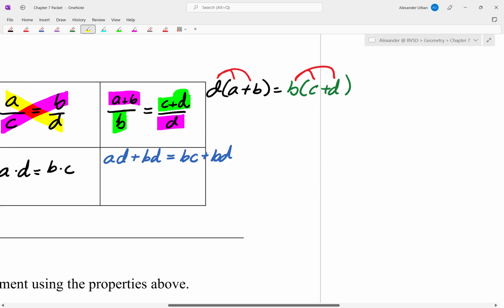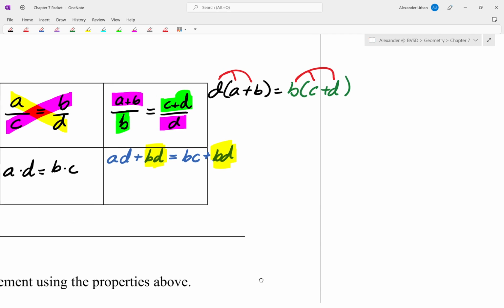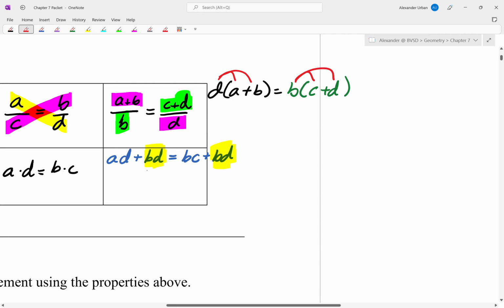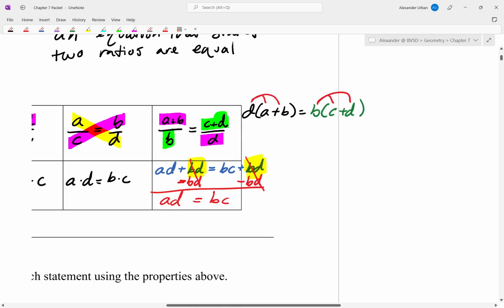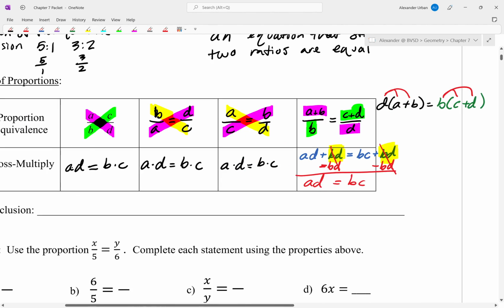And if you notice something here, which I hope you guys do, both of these sides have a BD. And again, algebraically, these are just numbers, so we are going to treat them as numbers and subtract them from both sides. That's our whole goal here. So I now have just a single AD equal to just BC. So each one of these proportions was equivalent.